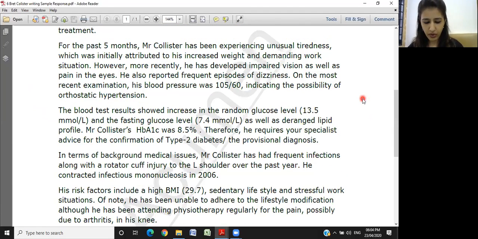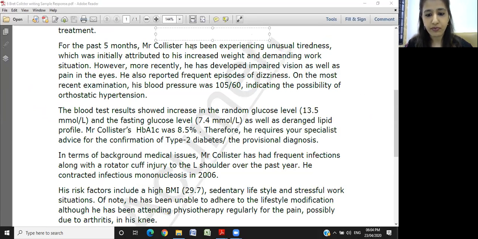So now what all of you have to do is write this letter on your own, and submit it to me for correction. You would have to type it in a Word file, and name your Word file with your name and the task number. This is classwork writing task 6.